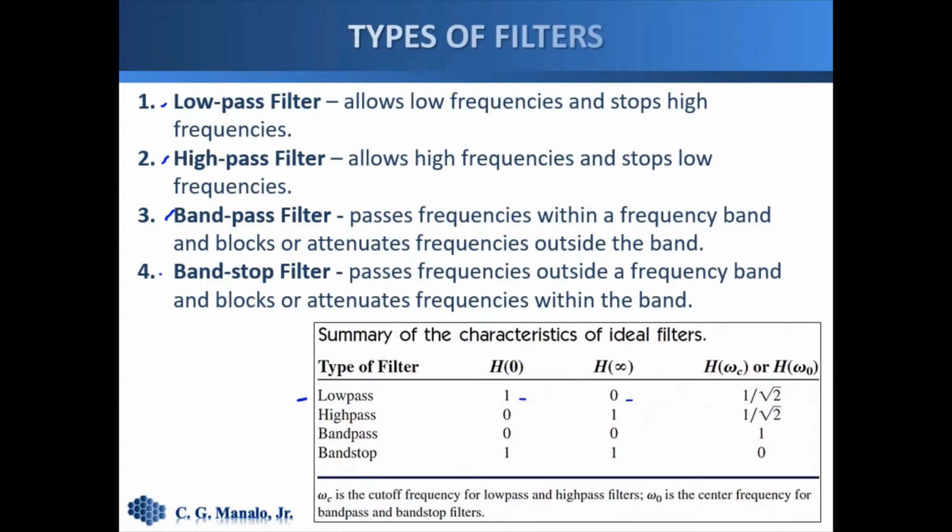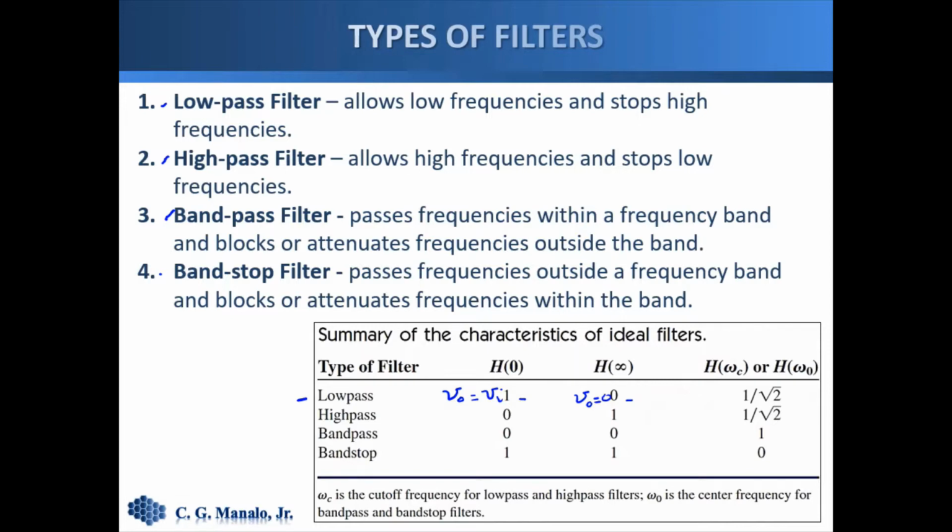So for a low-pass filter at low frequency, the output is almost the same as the input, while for high frequency, the output, if it is a voltage, is zero.